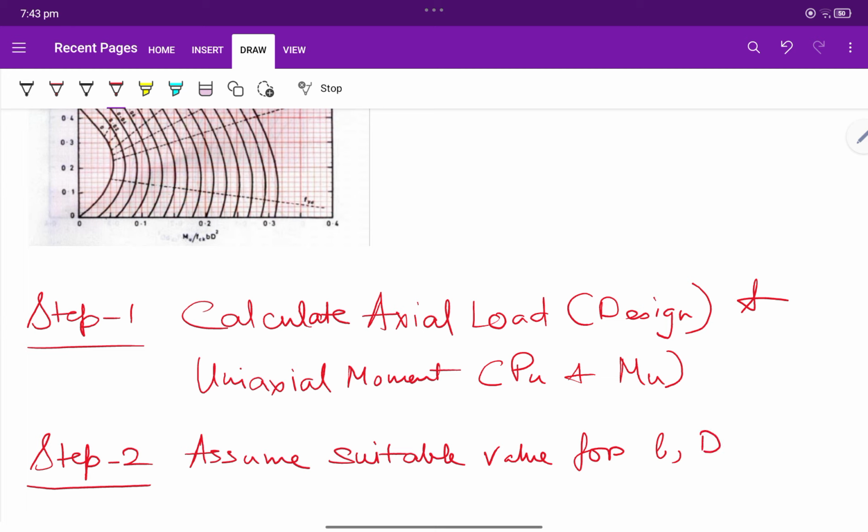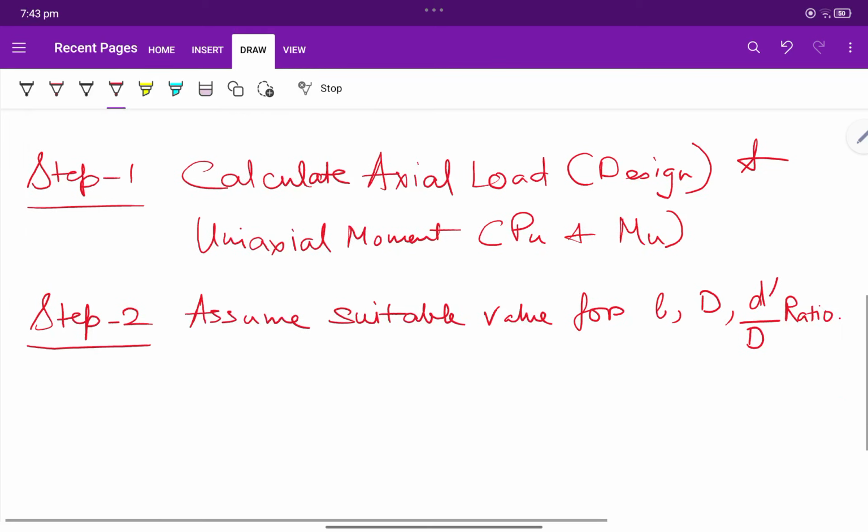You can write it as capital B also, b, d, and you have to also find one thing, d dash by capital D ratio. See, d dash is the effective cover.